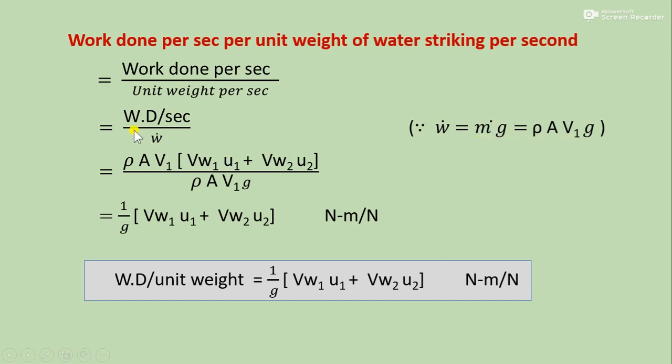So putting the work done per second formula in the numerator and rho a V1 g in the denominator, we observe rho a V1 is common to numerator and denominator, so it gets cancelled. The work done per unit weight is equal to 1 by g [Vw1 u1 plus Vw2 u2]. And very important, the unit is Newton meter per Newton. Per Newton means per unit weight.